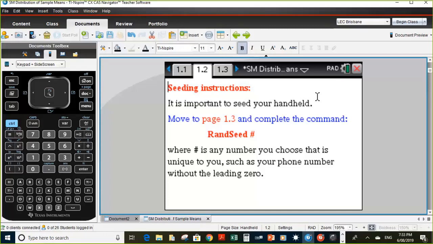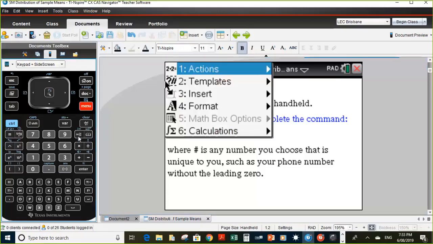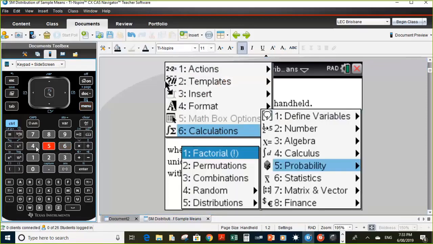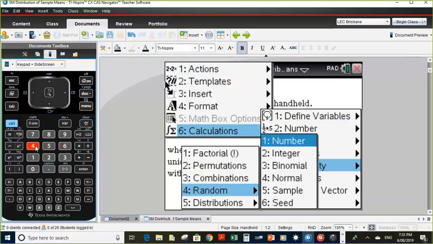So what you do is you seed the calculator. Now I'm in a notes application here, so it's slightly different to the calculator application, but if you go menu, number 6 for calculations, and then 5 for probability, and then 4 for random, number 6 is seed, so random seed.